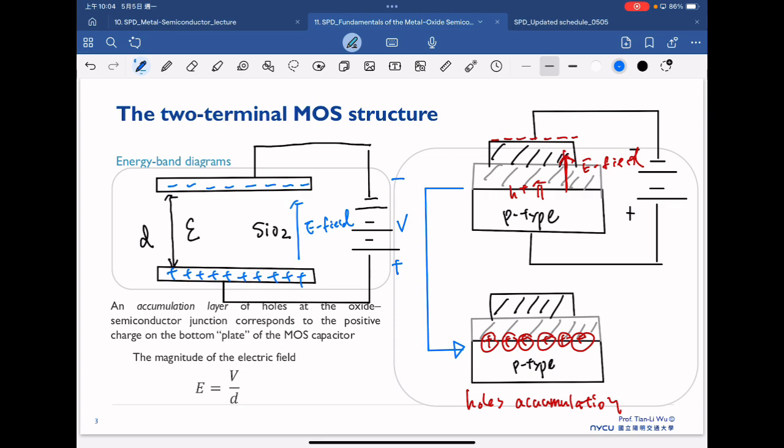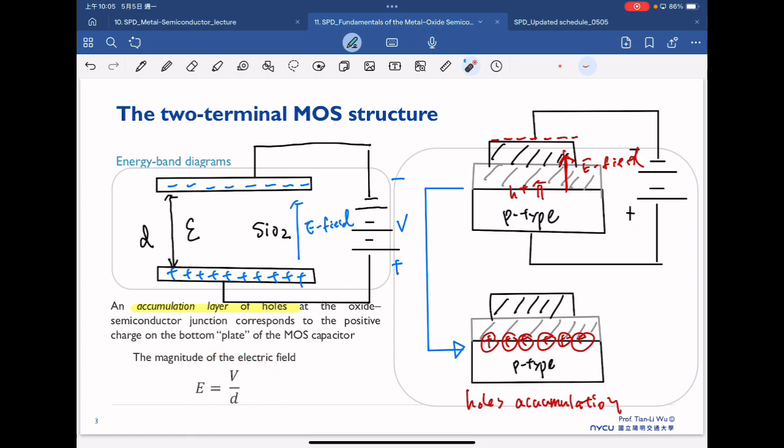So that's why, with the bias of the negative on the top electrodes, we can expect there will be the accumulation of the holes at the oxide semiconductor junction, corresponding to the positive charge on the bottom plate of the MOS capacitance, and then the electric field can be calculated as the voltage divided by the distance.